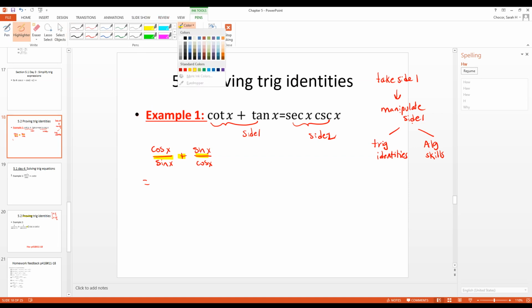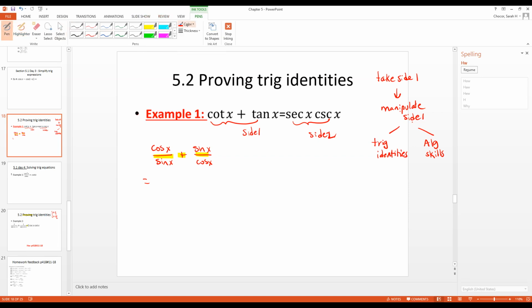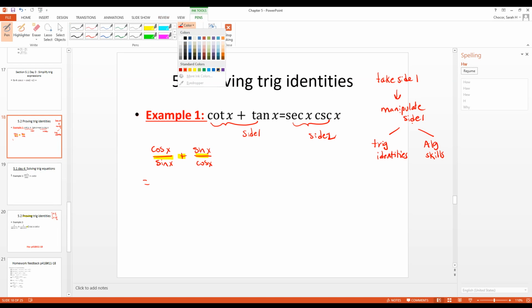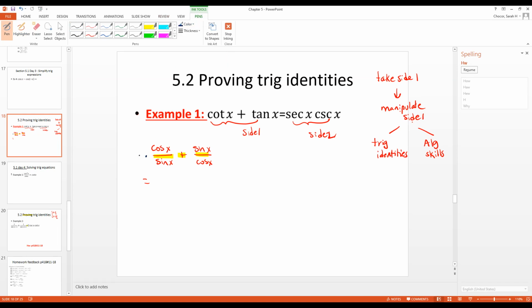So I'm going to change the color and I'm going to show you how we're going to make a common denominator by multiplying the first fraction by the second denominator. So I'll multiply the first by cosine, multiply the top and the bottom. And I'm going to multiply the second one by the first denominator, which is sine.